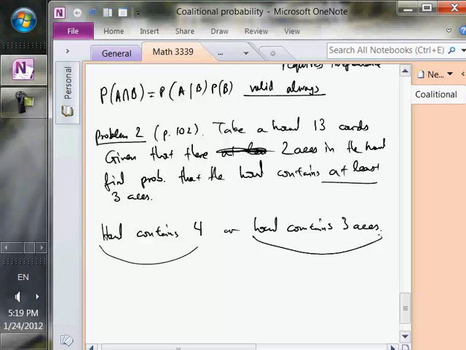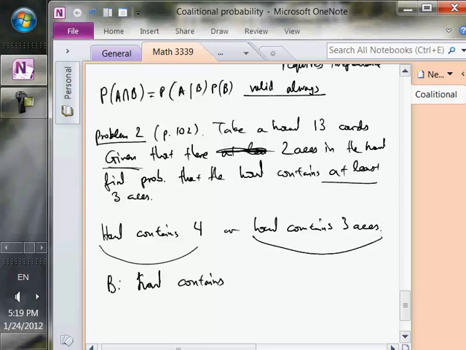What do we have here? We have the word given. Given means condition. It's an a priori condition. So you already know that the hand contains 2 aces. So if you say B is the event the hand contains 2 aces, given that there are at least 2 aces.